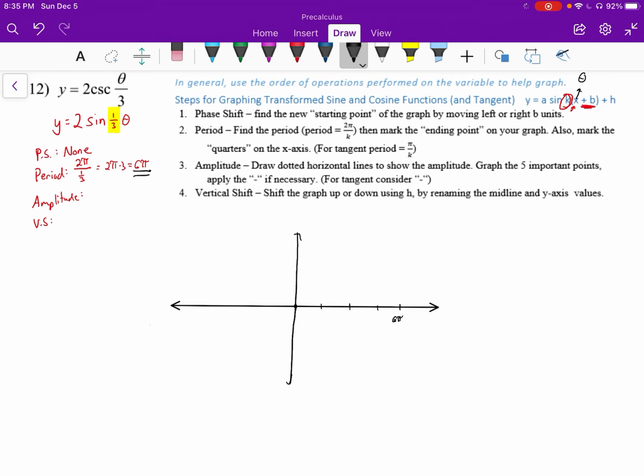This one's pretty easy. 6 pi divided by 2, like half of that is 3 pi. Half of that is 1.5 pi. And then this would be 4.5 pi. As mentioned earlier, you can always take the entire period and multiply it by a fourth, because we're dividing it into quarters. And this is 6 pi over 4, which is 1.5 pi.